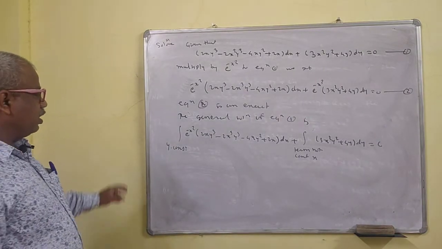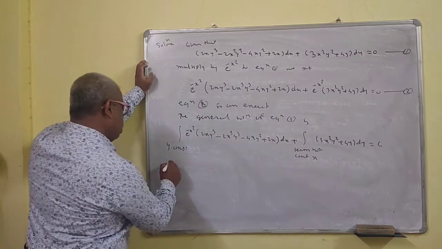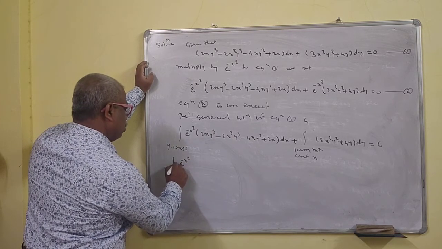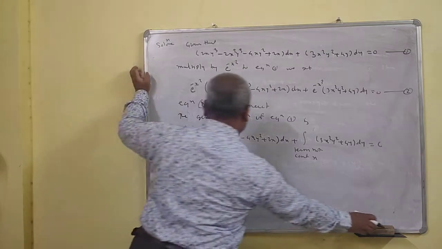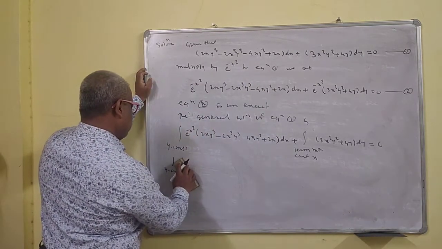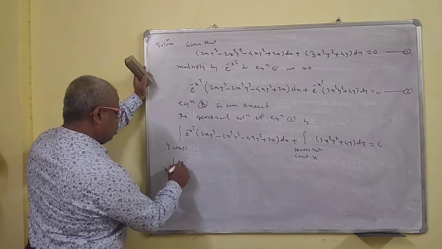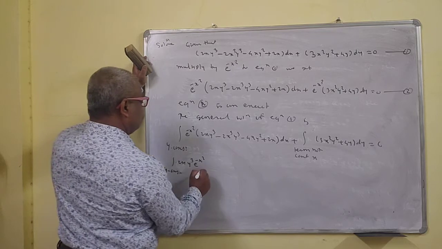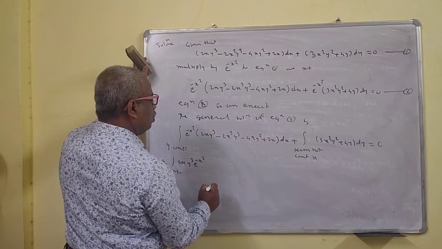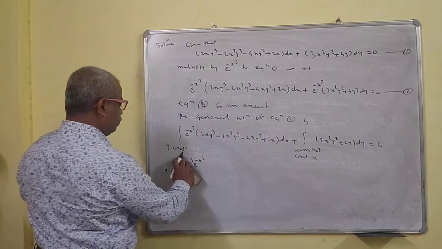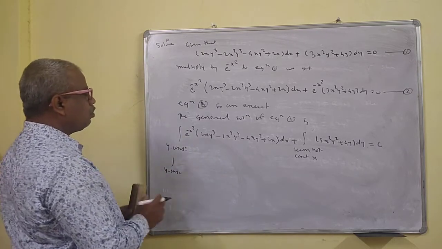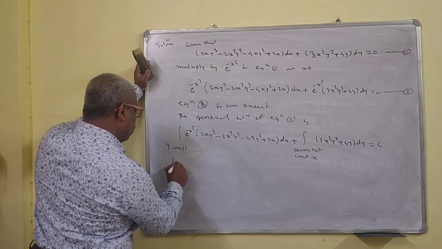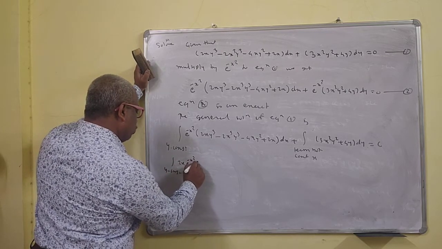Now we'll integrate this. So y constant, e raised to minus x square, twice x y cube. We'll simplify this. Instead, we'll take twice x common, e raised to minus x square.